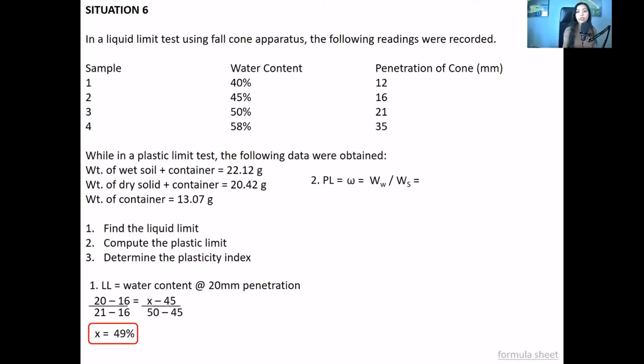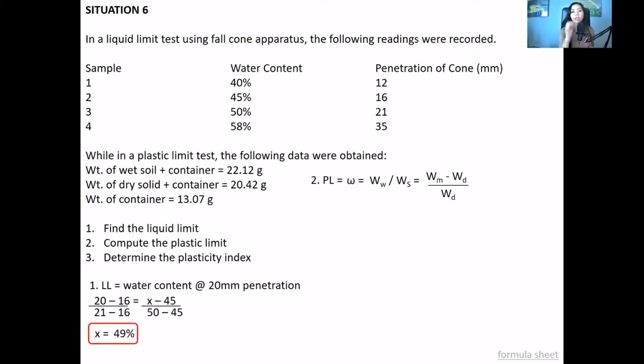So, ang ibig sabihin, yung plastic limit ko ay in terms of moisture content din. And yung formula natin for moisture content is weight ng water over weight ng soil. And yung weight ng water, makukuha ko siya sa weight ng moist soil sample minus weight ng dry. Okay? W sub M minus W sub D. And then, yung weight ng soil ko is just W dry.